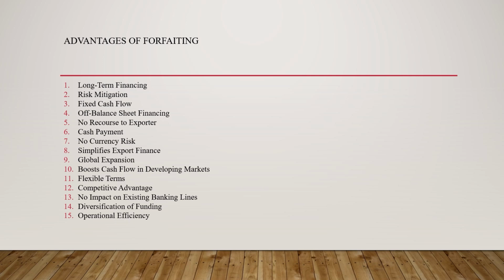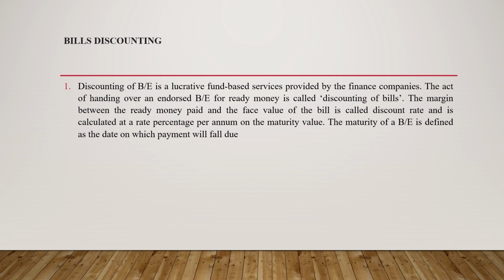Now, the third financial service which we are going to discuss is bills discounting or discounting of bills. Discounting of bills of exchange is a lucrative fund-based service provided by the finance companies. The act of handing over an endorsed bill of exchange for ready money is called discounting of bills.